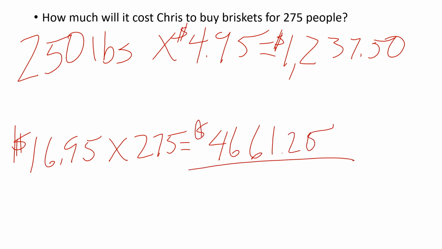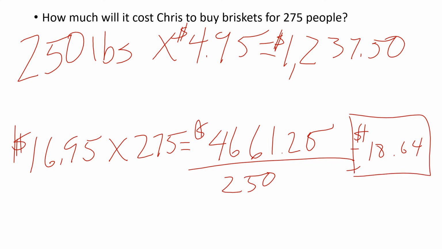If I divide that number by 250, which is the actual number I'm charging the guests for, I should actually, instead of $16.95, charge them $18.64, because that's going to cover the cost for those extra 25 portions.